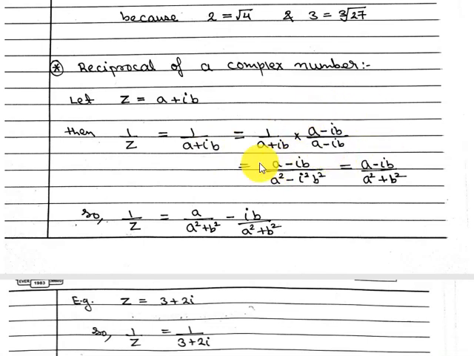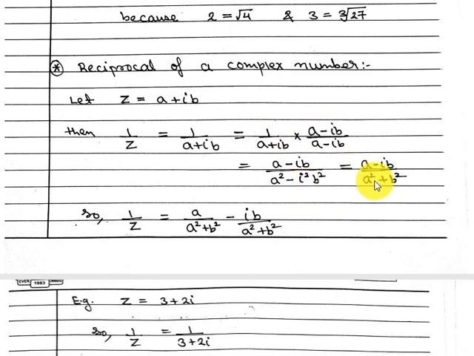Now in the denominator, this is a plus ib and this is a minus ib, so you must recall the formula a plus b into a minus b, and by that we will write a square minus ib whole square. So this is what we will get, and in the numerator 1 into this, so simply you will get a minus ib.